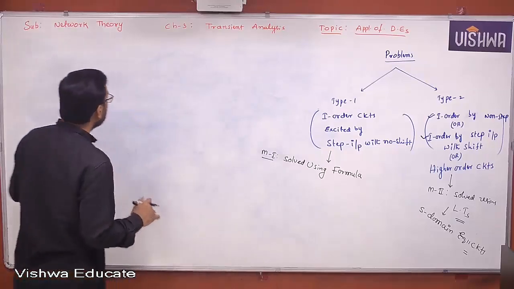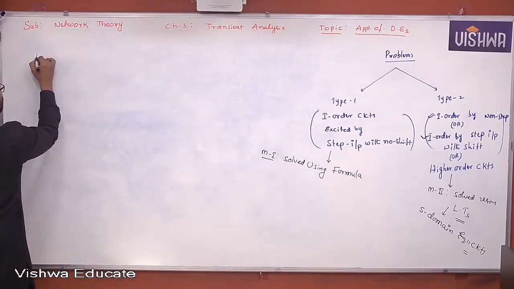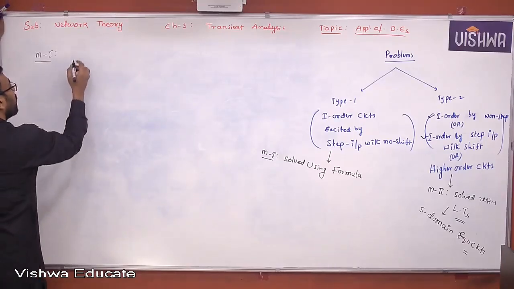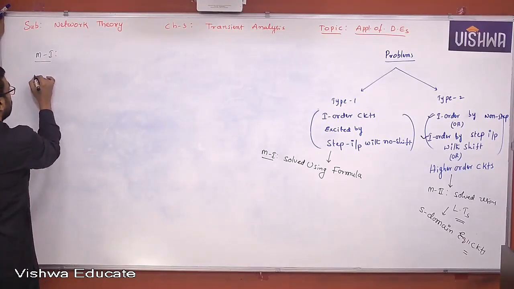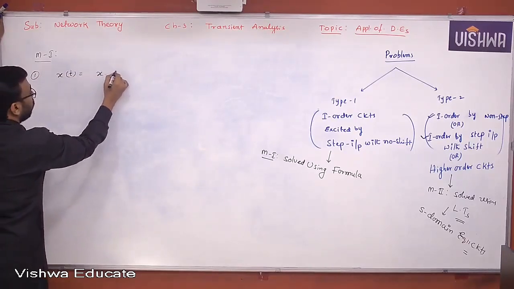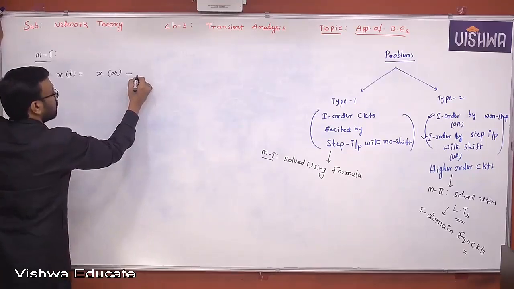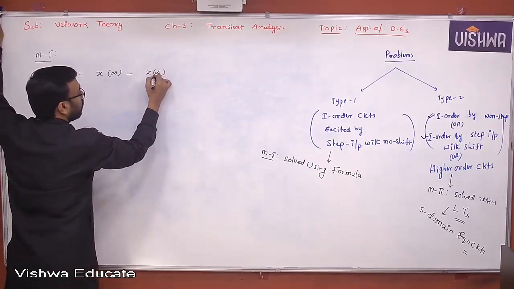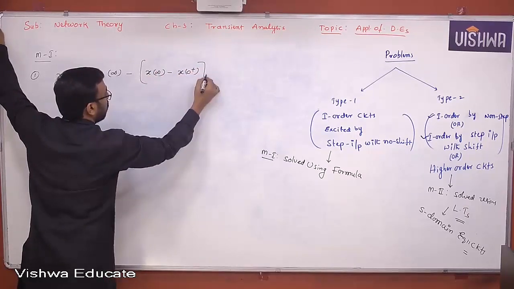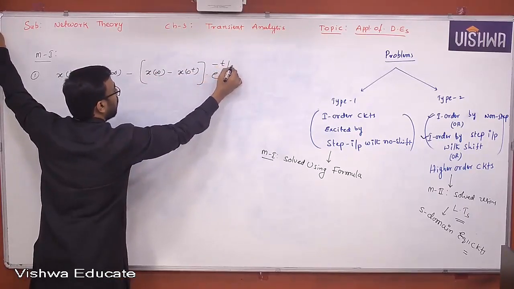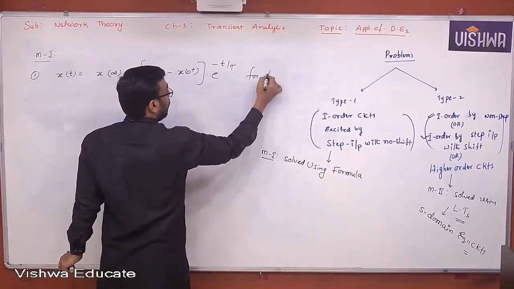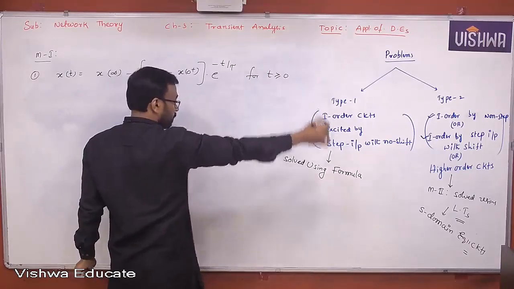Okay. So now what is that method 1 formula? The formula that can be used here is x of t is equal to x of infinity plus the bracket x of 0 plus minus x of infinity, into e power minus t by tau, for t greater than or equal to 0 problems.